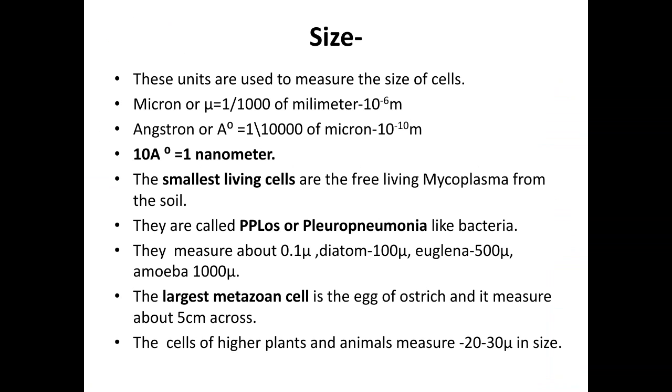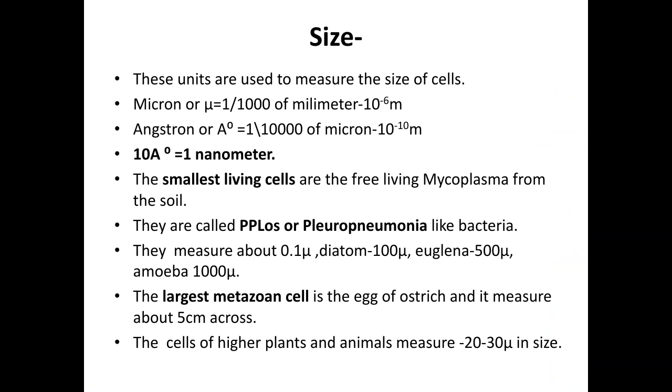The smallest living cells are the free living mycoplasma from the soil. They are called PPLO, or pleuropneumonia-like organisms. They measure about 0.1 mu. Then diatom measures about 100 mu.